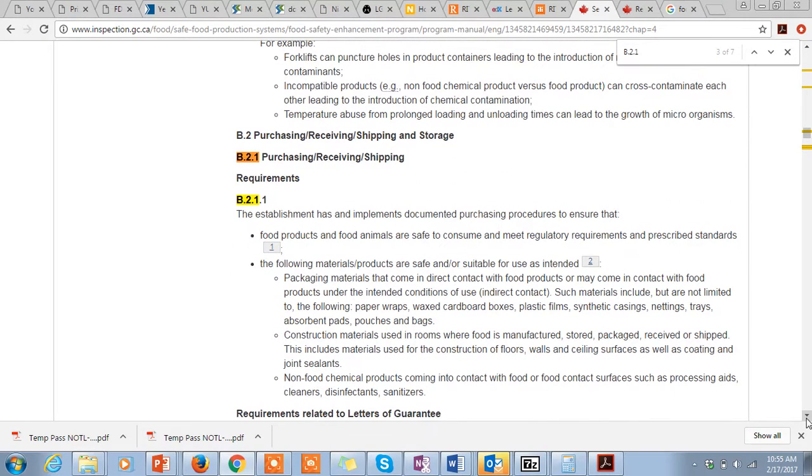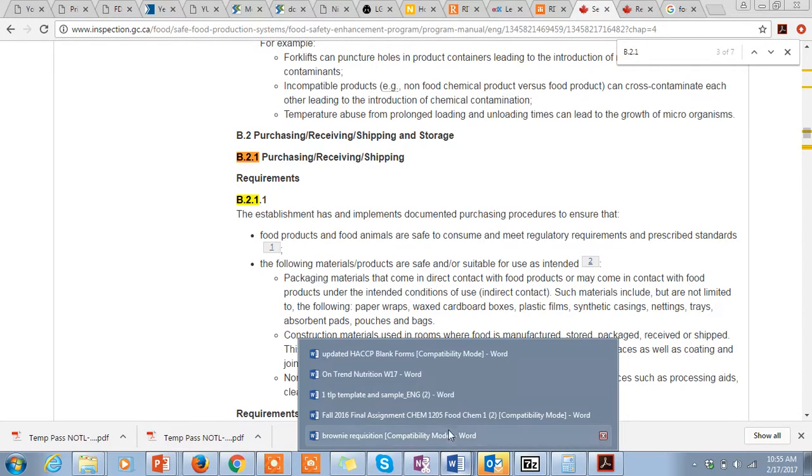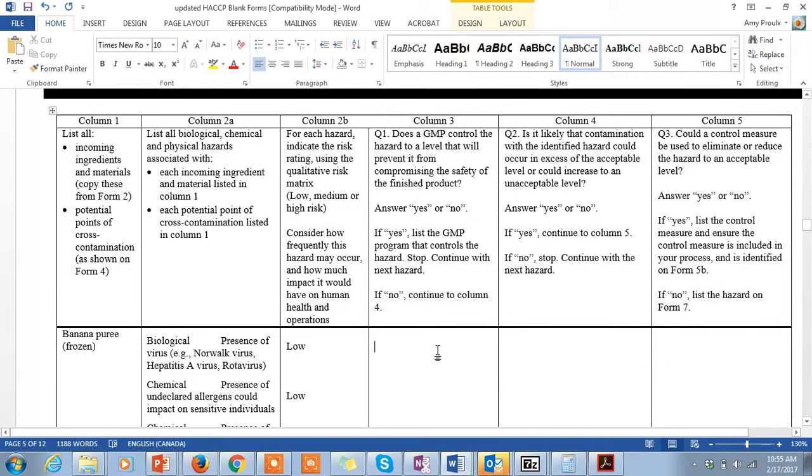So we could have a standard that we have for purchasing, or we could identify within the certificate of analysis or letter of guarantee or product specifications that indeed our product has come from a facility where they have a good personal hygiene program. So we could put in here B211. So yes, that hazard is controlled there.